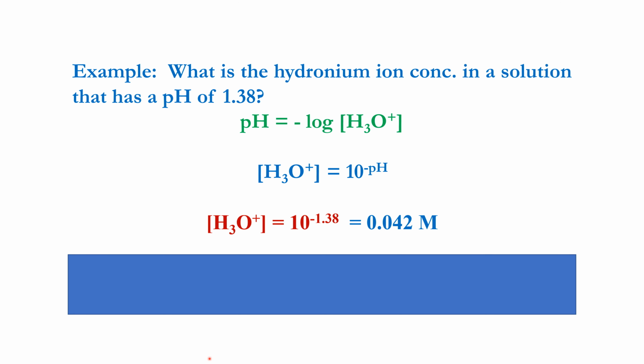Let's have a look at this example. What is the hydronium ion concentration in a solution that has a pH of 1.38? So we write the formula for pH, which is equal to minus log hydronium ion concentration. But because we are asked to calculate the hydronium ion concentration, we need to make the hydronium ion concentration the subject of this formula.